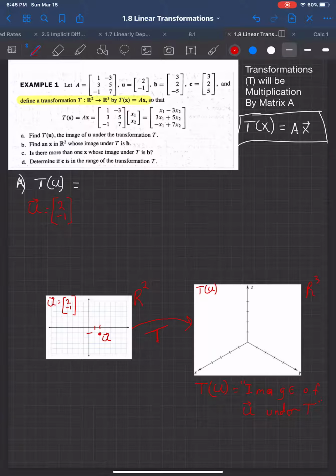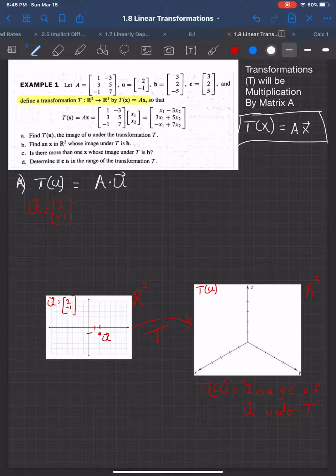So let's just use our transformation. In this case, T of U is going to be equal to A multiplied by vector U.